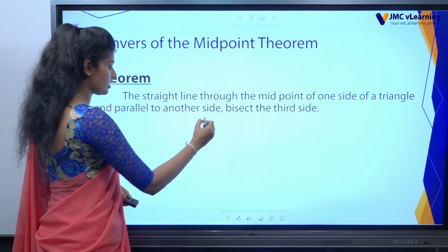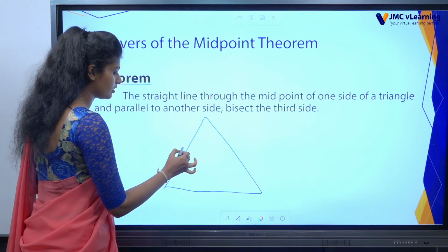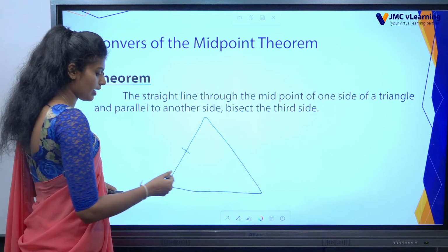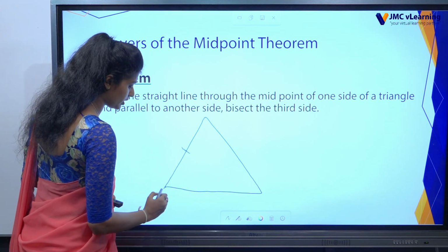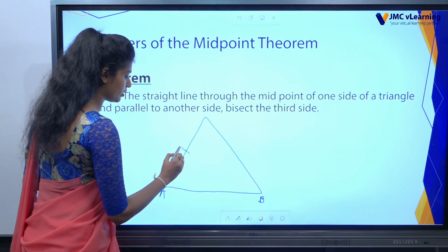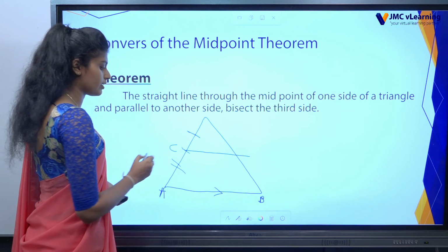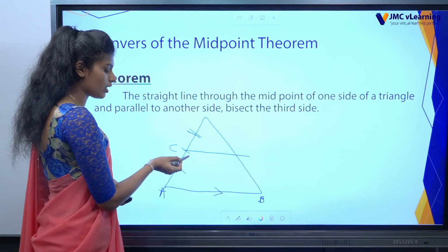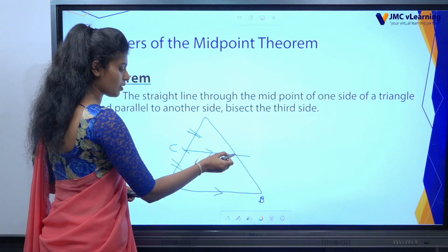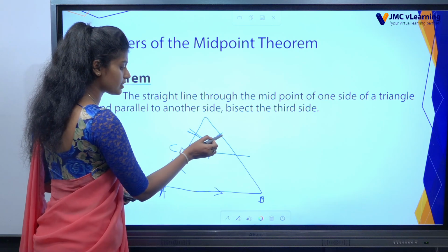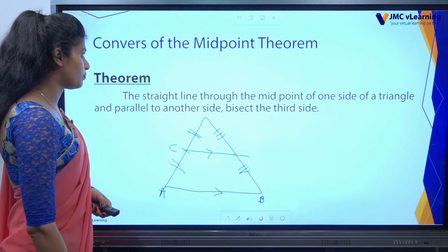That means this theorem is telling, in the triangle, when one side has a midpoint and you draw a line parallel to this AB line going through the C point, then these sides are equal in length. When you draw a parallel line going through C to AB, these lines bisect the third side. That's the converse of the midpoint theorem.